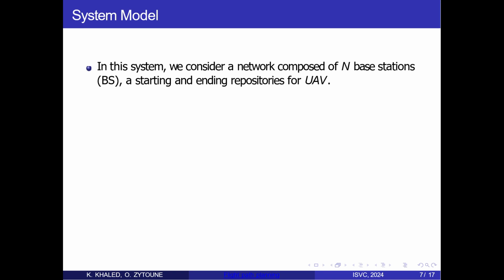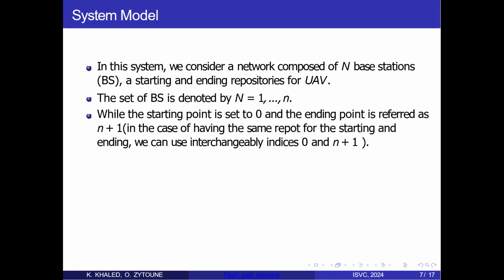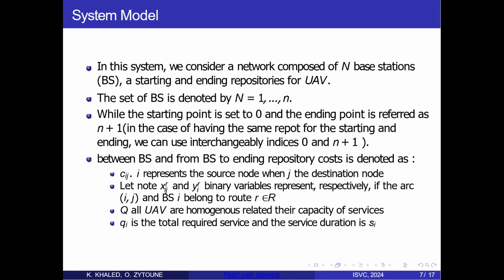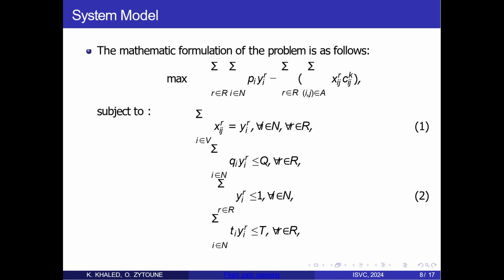The set of bus stations is denoted by 1 to n, while the starting point is set to 0, and the ending point is referred to as n plus 1. In the case of having the same repository for the starting and ending, we can use indices 0 and n plus 1 interchangeably.